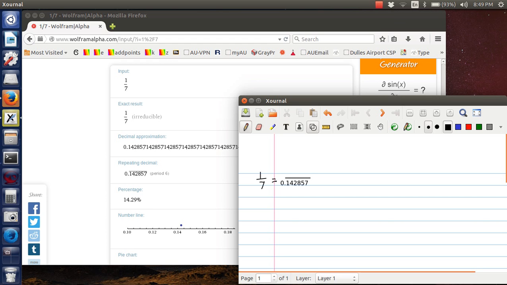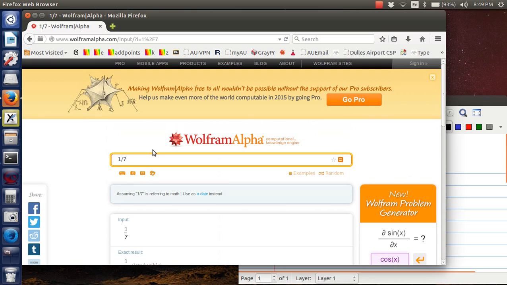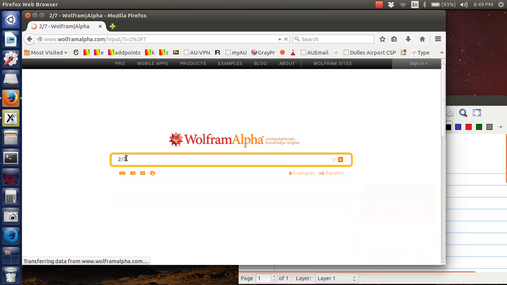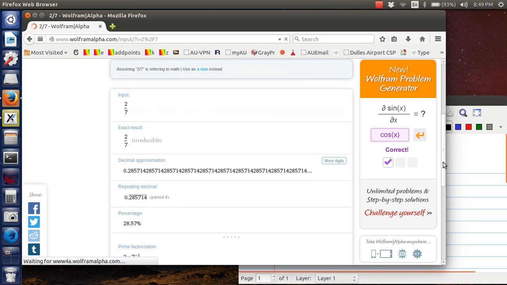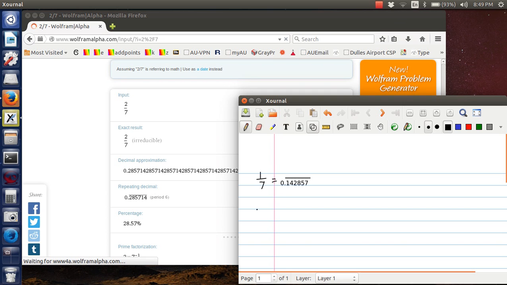Okay, then what happened for 2 over 7? We found out that we were actually using the same digits, but we started at the number 2. And so we found out that this was 0.285714. Okay, great.